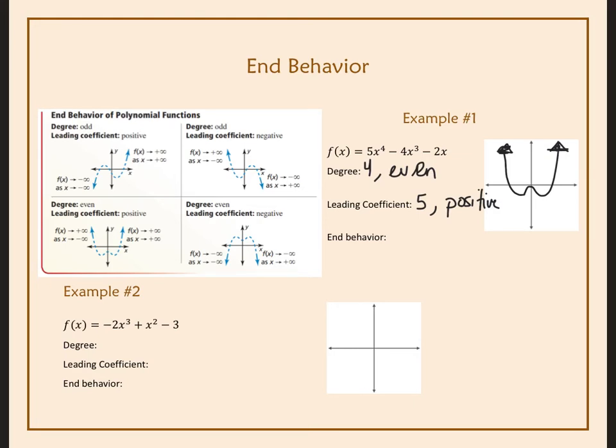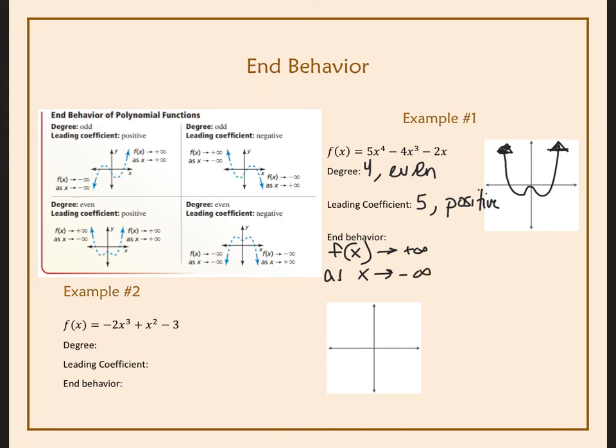So in end behavior, we have the left side and the right side. So on the left side, and this is basically what we're going to write, we're going to write these two things. We're going to write f of x, that's the graph, is going to approach positive infinity when x is approaching negative infinity.